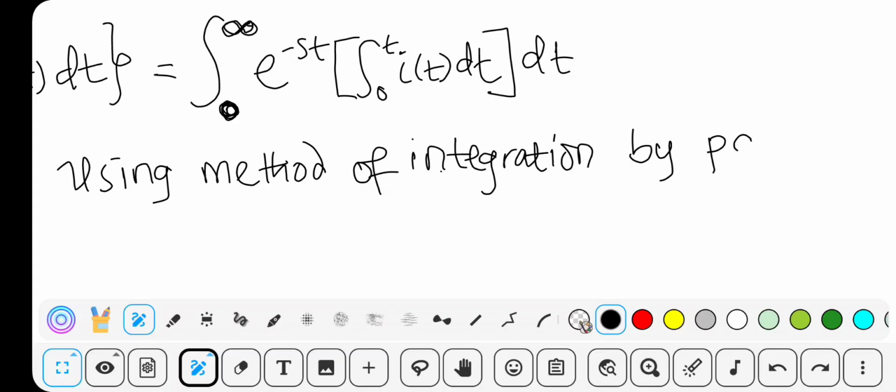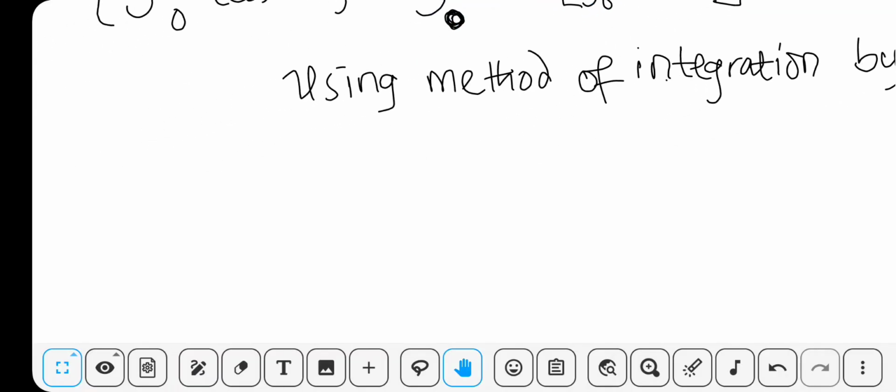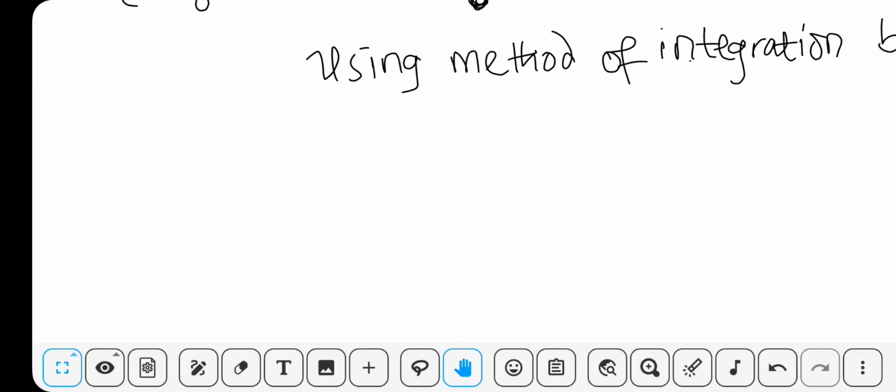There are two formulas, one for definite integral and one for indefinite integral.